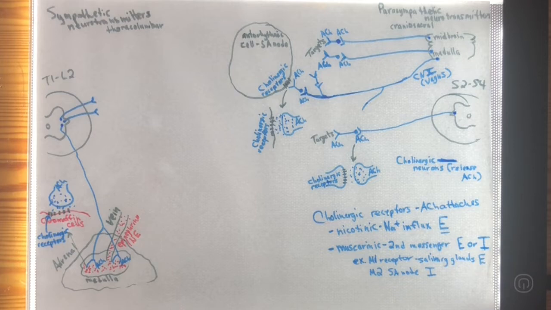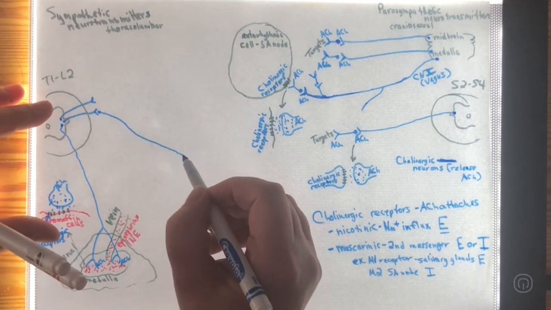Again, this preganglionic neuron is cholinergic. It happens to have synapses inside of the medulla that synapse with chromaffin cells. The chromaffin cells themselves, of course, have cholinergic receptors because they have to be able to receive information about acetylcholine, but they themselves actually produce adrenaline and noradrenaline, or epinephrine and norepinephrine.